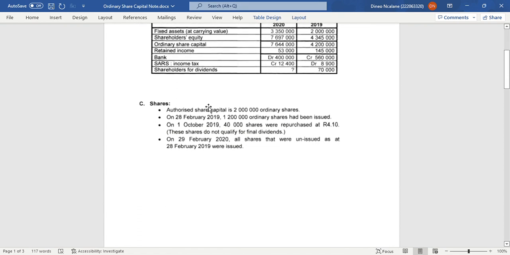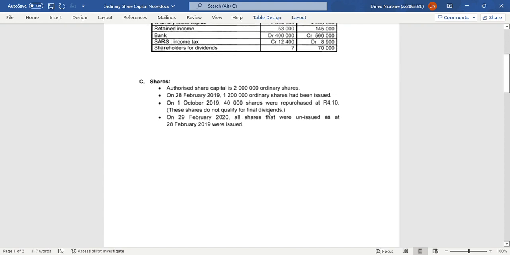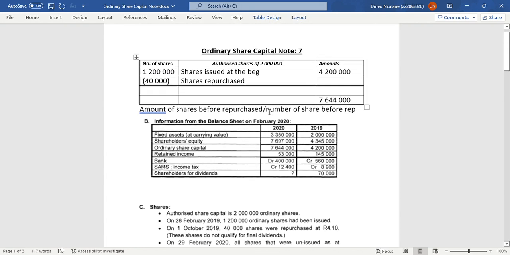Then the next adjustment, on 29 February 2020, all shares that were unissued as at 28 February 2019 were issued. So the business had 2 million shares to issue to the public.